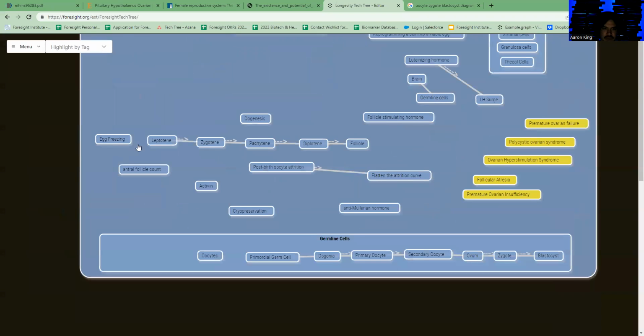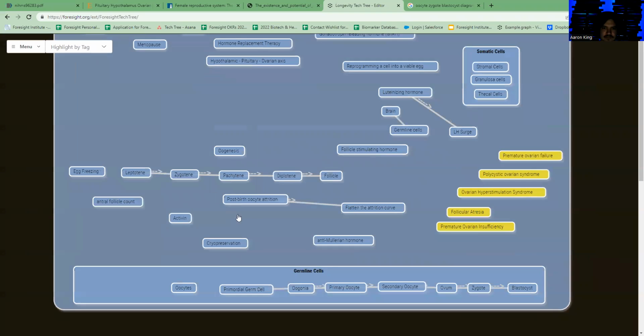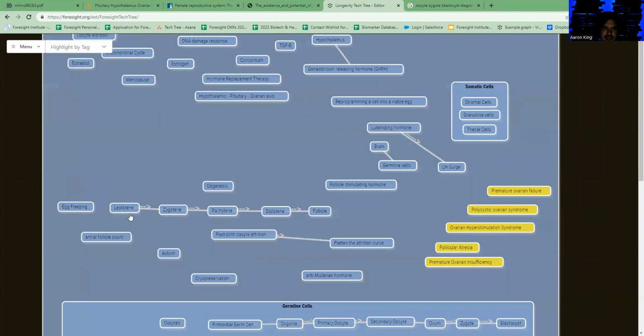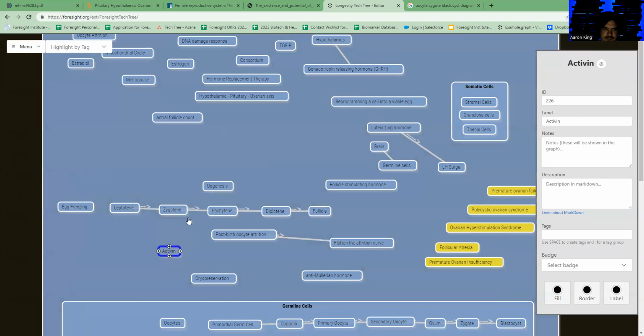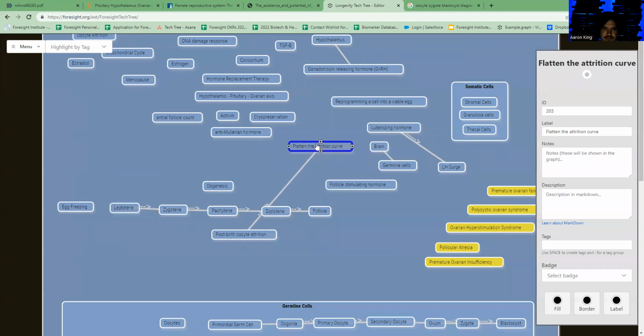Now, these things is follicle formation. And I wonder if it includes the germline within it.